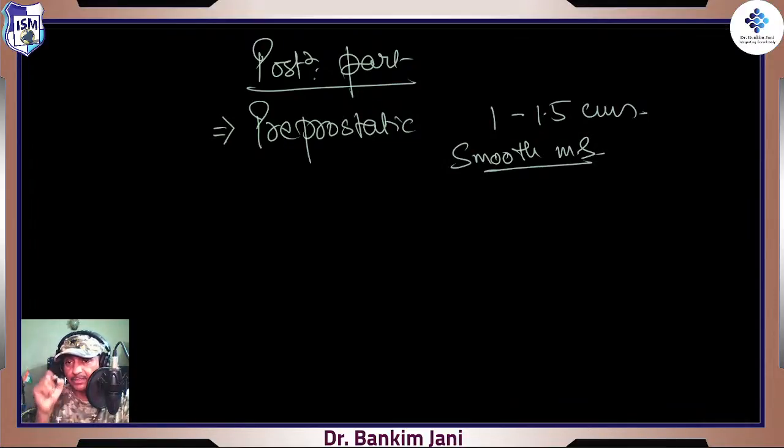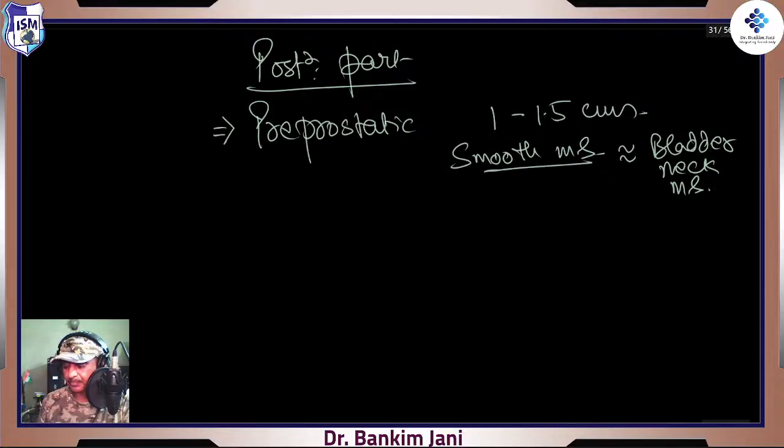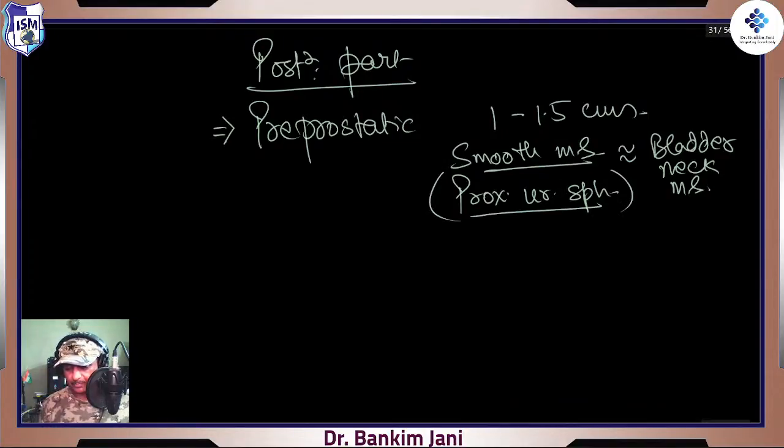These smooth muscles are similar to bladder neck muscles, but bladder neck muscles are the detrusor muscles. These are smaller than those detrusor muscles. So they are just acting like a very weak sphincter, but yes, it is a sphincter. That is what is called the proximal urethral sphincter.